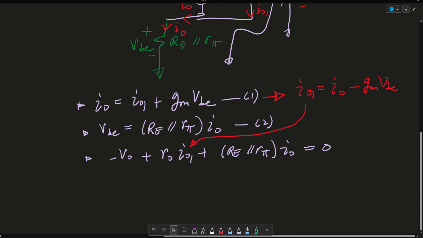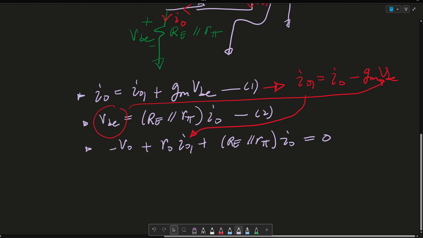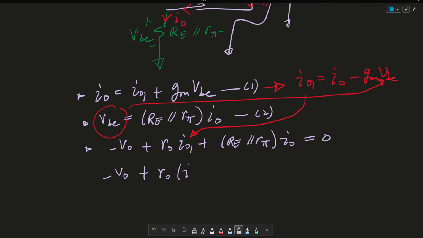And then we're going to go ahead and also plug in VBE in here. But I will do this in 2 steps. So the first step is minus VO plus RO times IO minus GM VBE plus RE in parallel with R pi IO is equal to 0.